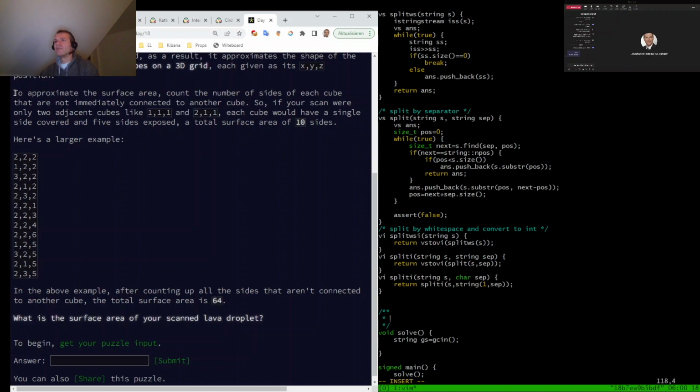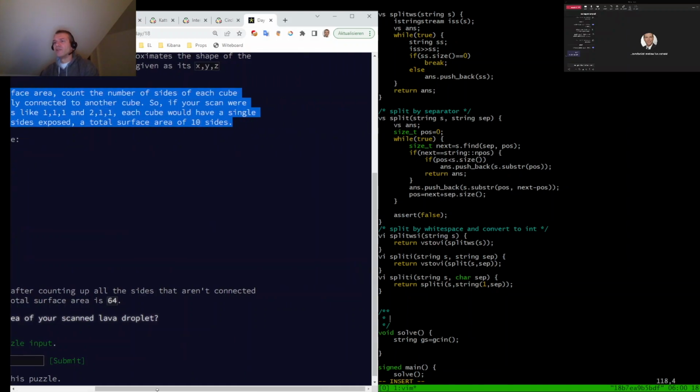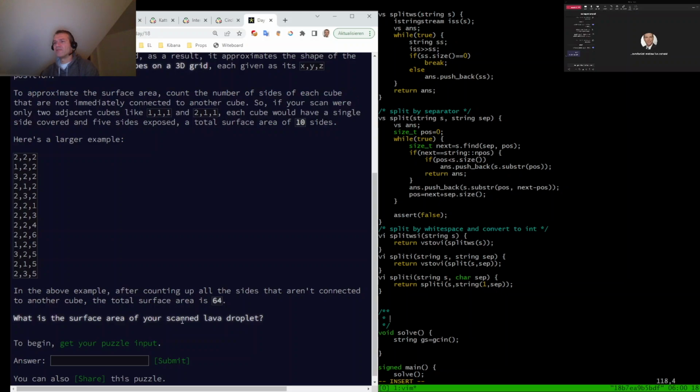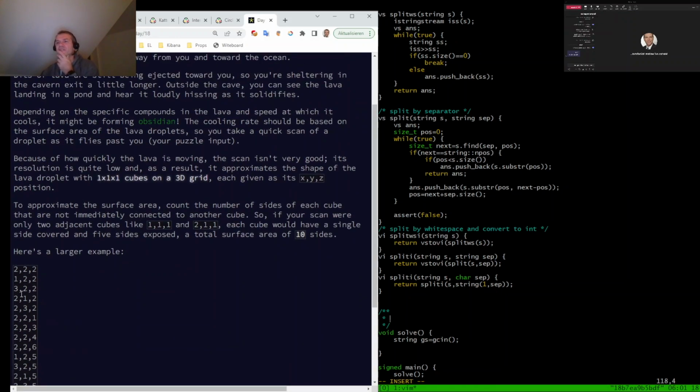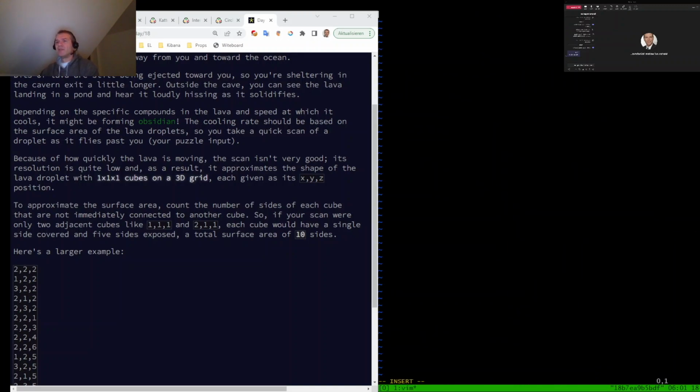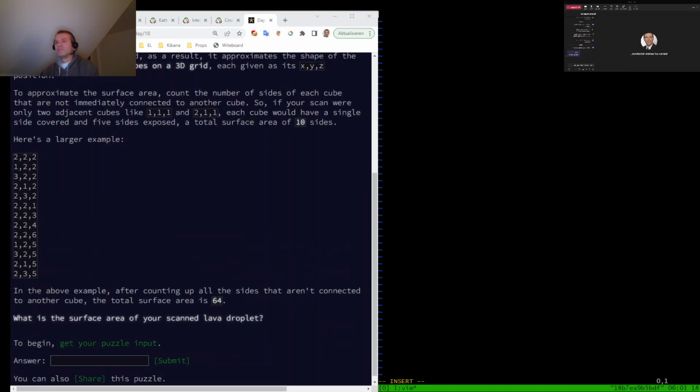This is the interesting part here: what is the surface area of your scanned lava? Okay, we need to understand how this data works and what it looks like. Then it might become obvious.